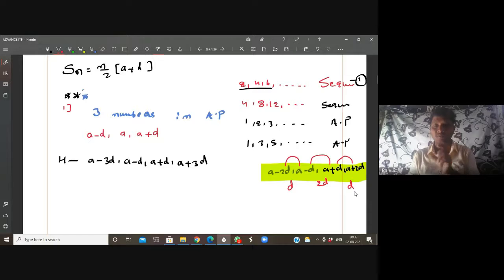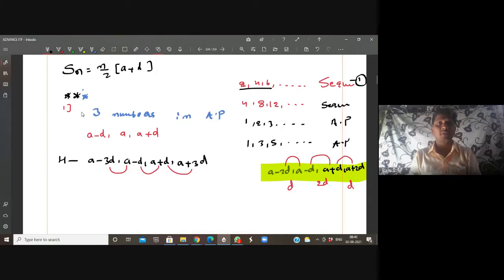Don't take four numbers like that. We should take A minus 3D. Now observe the difference; the difference must be equal. The difference is 2D, 2D, 2D.